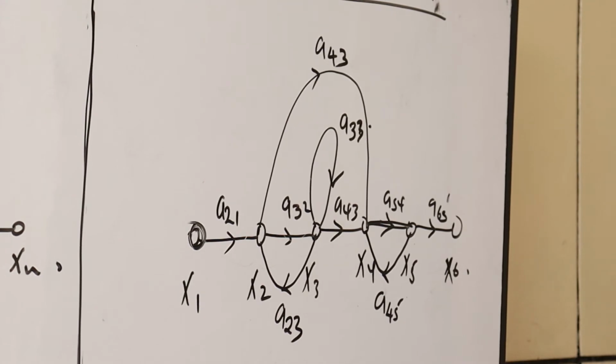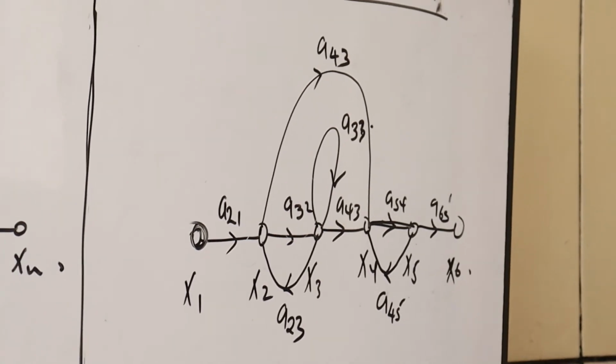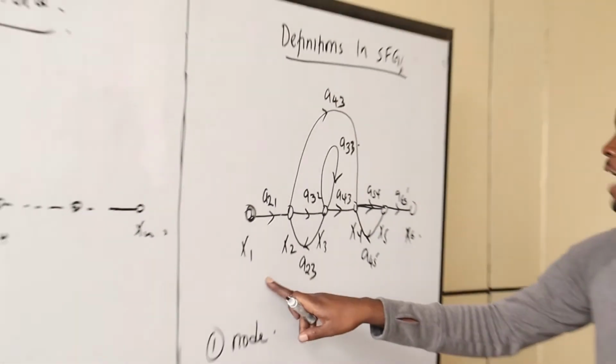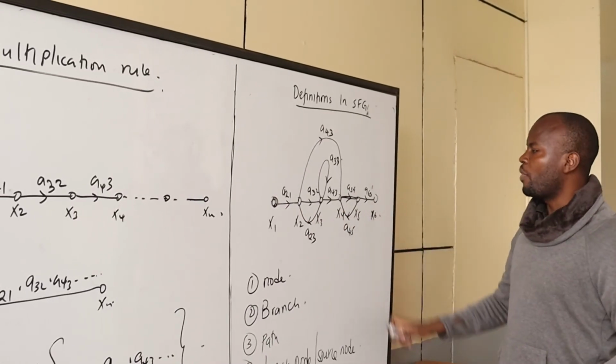It still has the definition of a path, whereby we are not supposed to traverse a node more than once. So when you talk of the forward path, it means that it must come from x1 and end at x6 without traversing a node more than once.